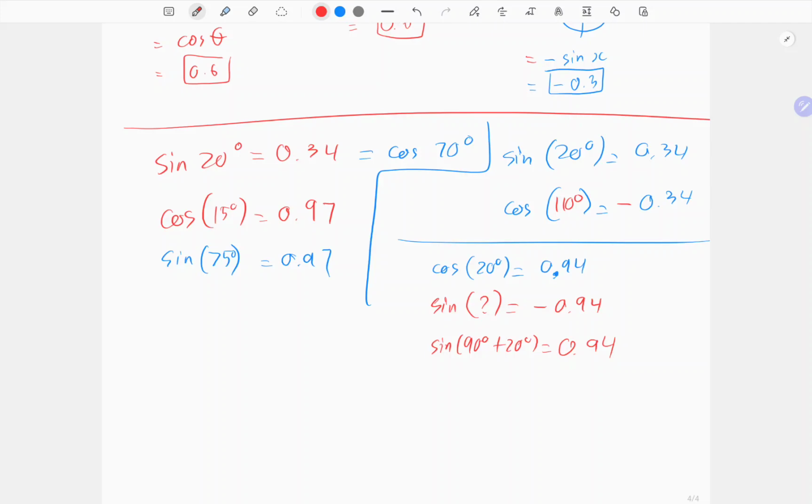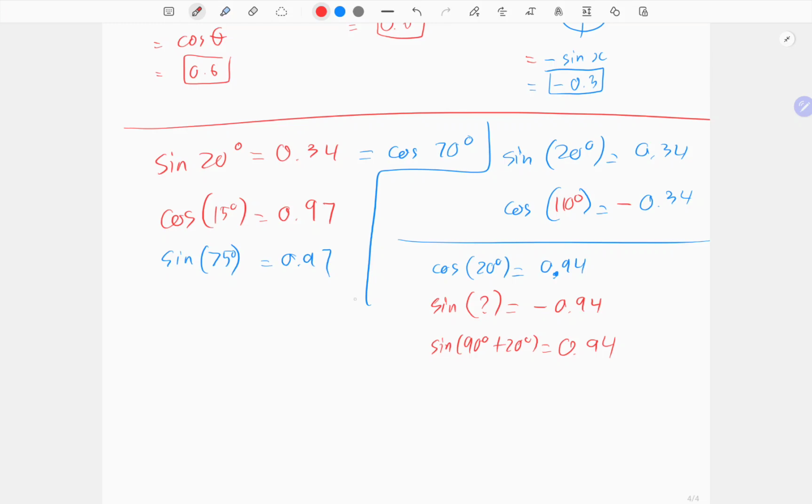Give me an angle that is between 0 and 360 degrees. Which one? Which angle? Pi on 2? No, sine pi on 2 is just 1.